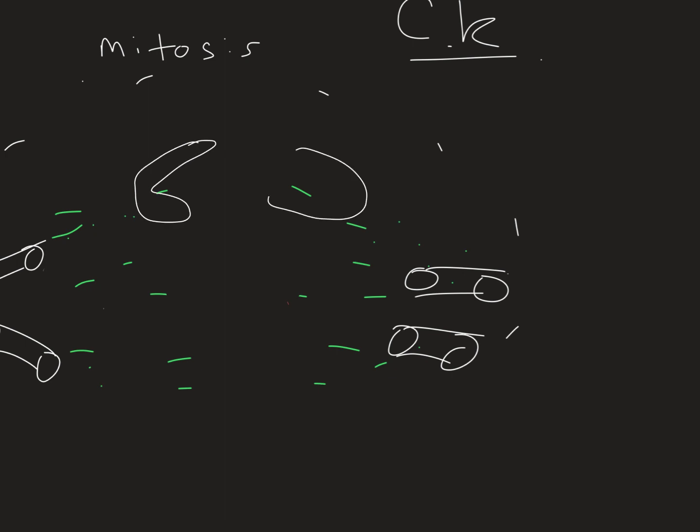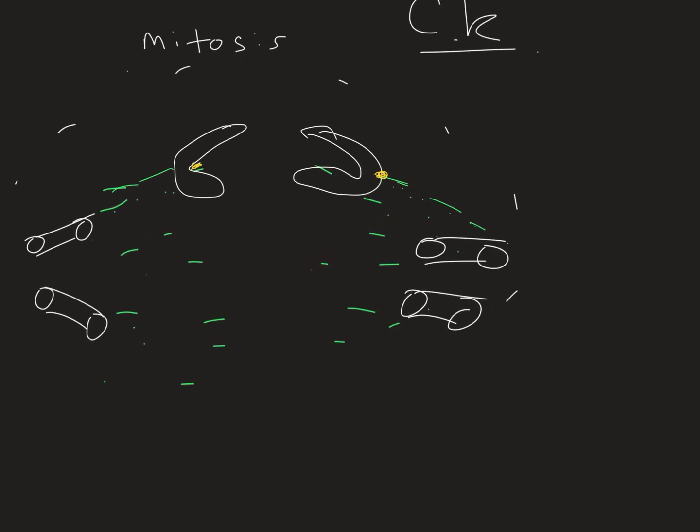They're actually pulling themselves with the kinetochores. They have these things called kinetochores in the middle of the centromere. These kinetochores are what are eating through the spindle fibers and moving the sister chromatids to opposite sides of the cell. As you can see, they kind of look like they're zooming along.